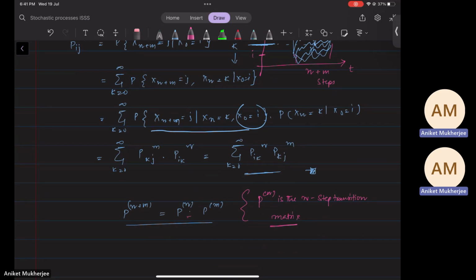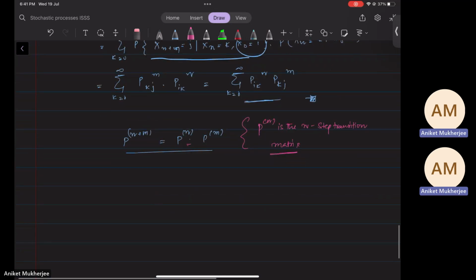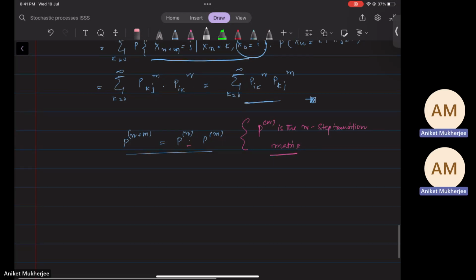So next we'll be going into a topic known as communication. So if two states i and j are accessible to each other, then we say that i and j communicate with each other. Communicating classes.